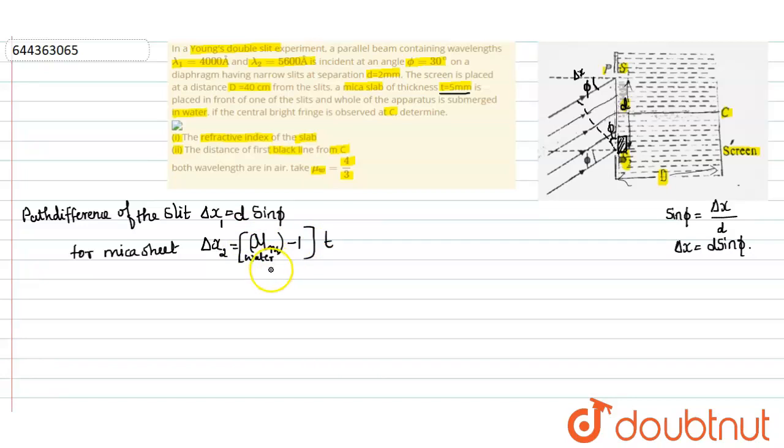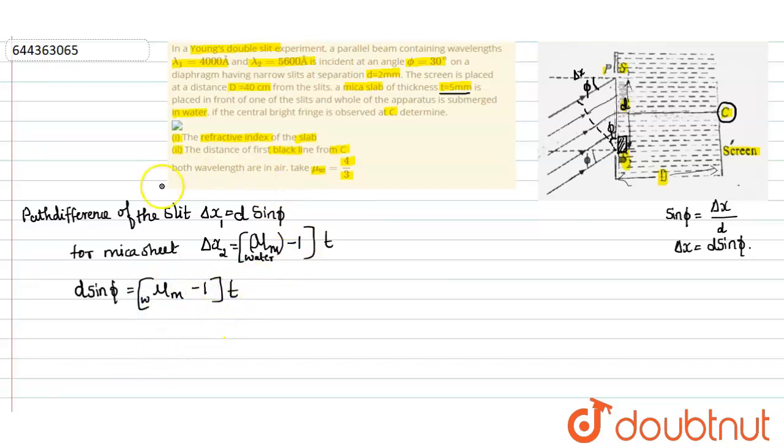We can observe the bright fringe at the center point C only if the path difference of the slit and the path difference of the mica sheet become equal. Since the question says the bright fringe is observed at point C, this only happens when the two equations become equal, that is d sine phi must be equal to mu m of water minus 1 into t.